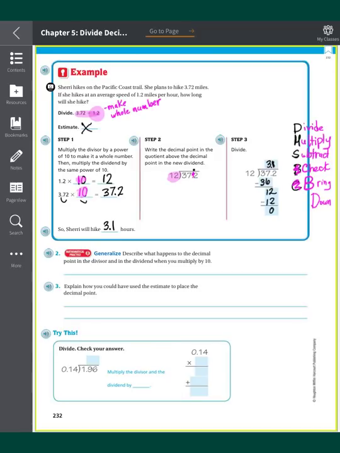So now we're just going to divide like we normally would. And the answer is 3.1. And again, move the decimal point up 1.